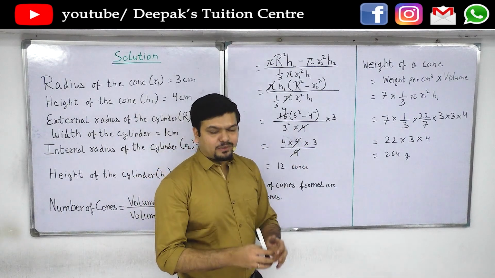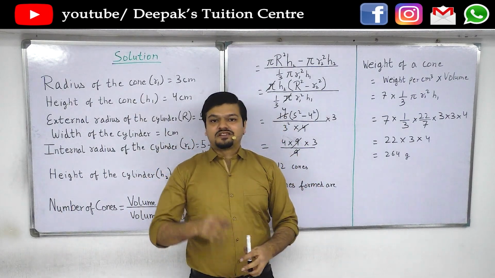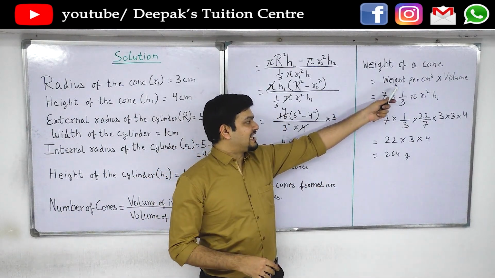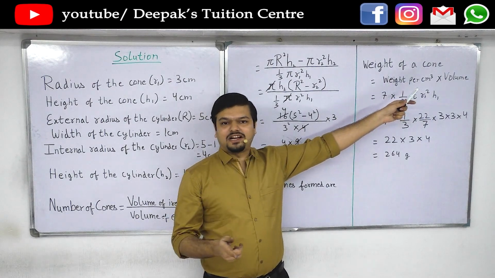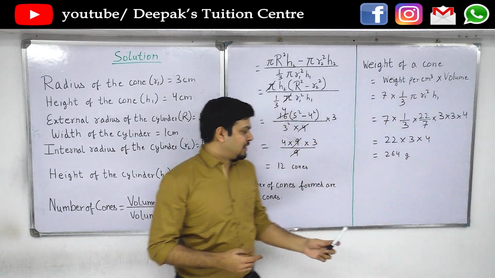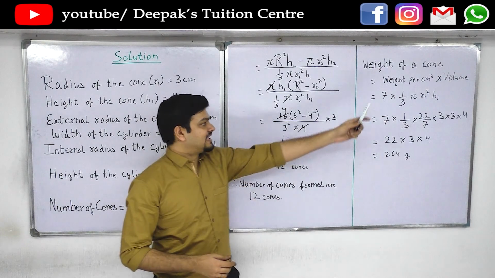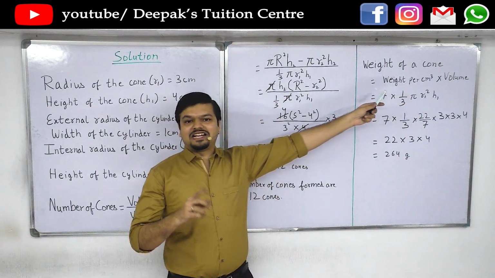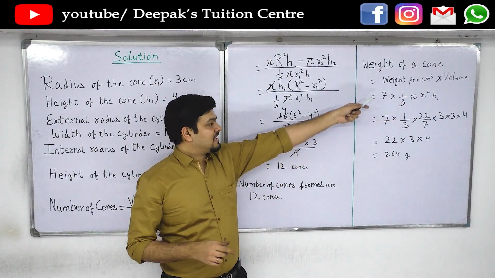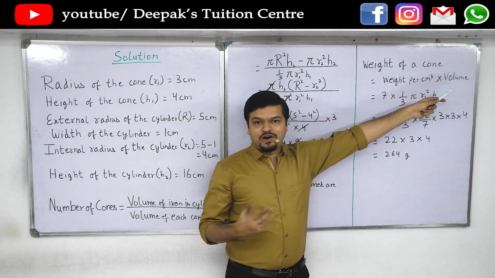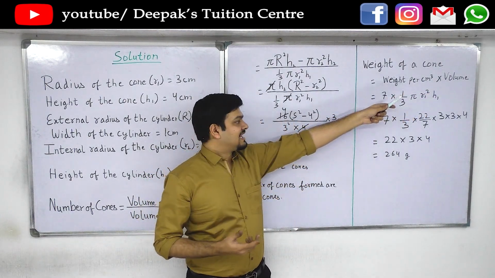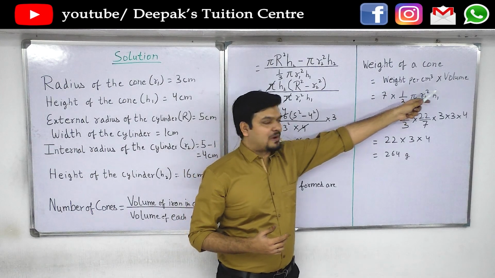Also we need to calculate the weight of the cone. So weight of a cone is equals to weight per centimeter cube into volume, since the volume is in centimeter cube. It is already given that weight is 7 gram per centimeter cube. So 7 into, and I put the formula of volume of a cone, that is 1 by 3 pi R1 square H1.